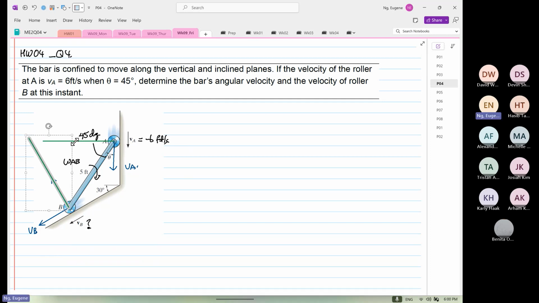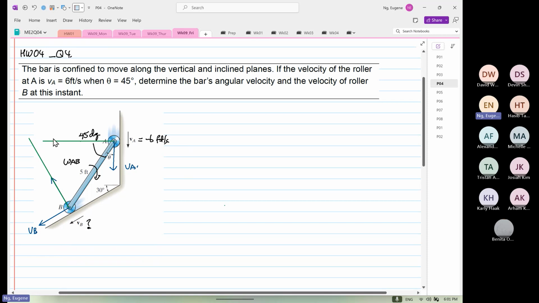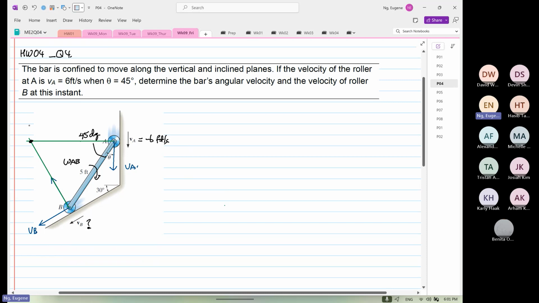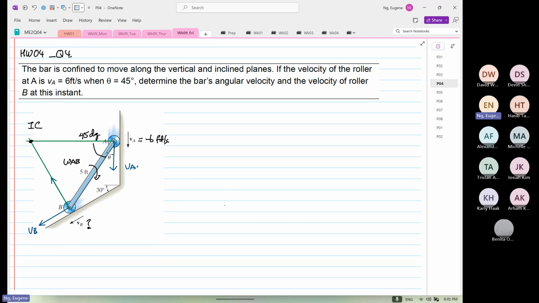So we have found the position of our instantaneous center. This point over here is our instantaneous center. I'll use this technique also, because when I taught this section, instantaneous center was not taught yet. Okay, let's do it.